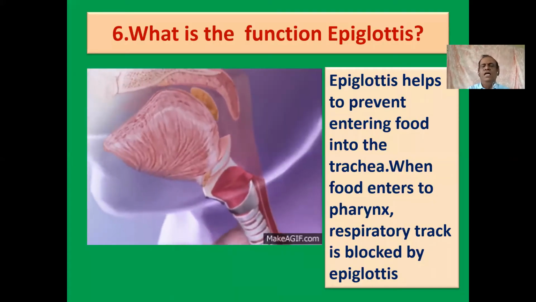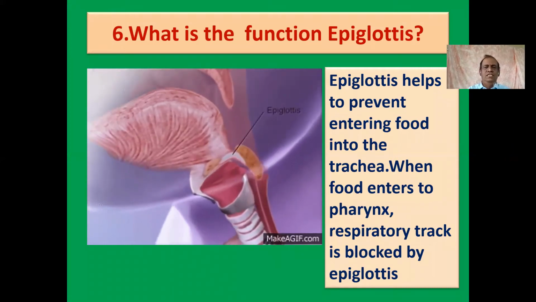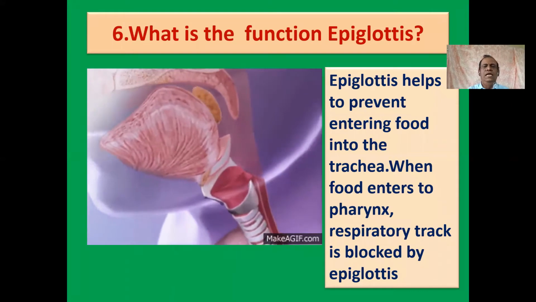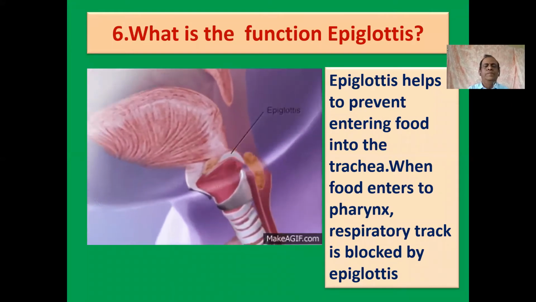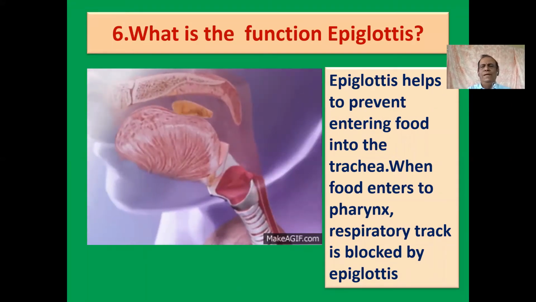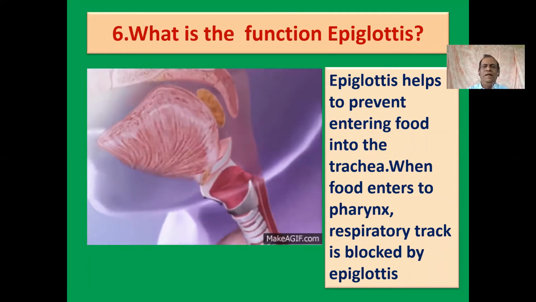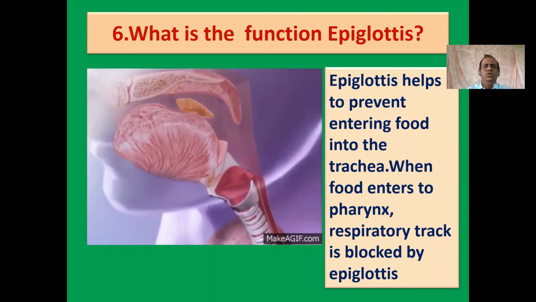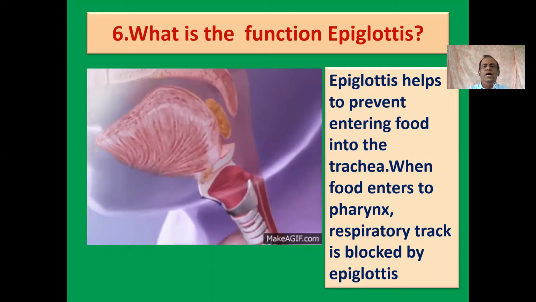So what is the function of the epiglottis? You see in this video clearly that when food enters the pharynx, the epiglottis helps to prevent food from entering the trachea. You know the trachea is the respiratory part.